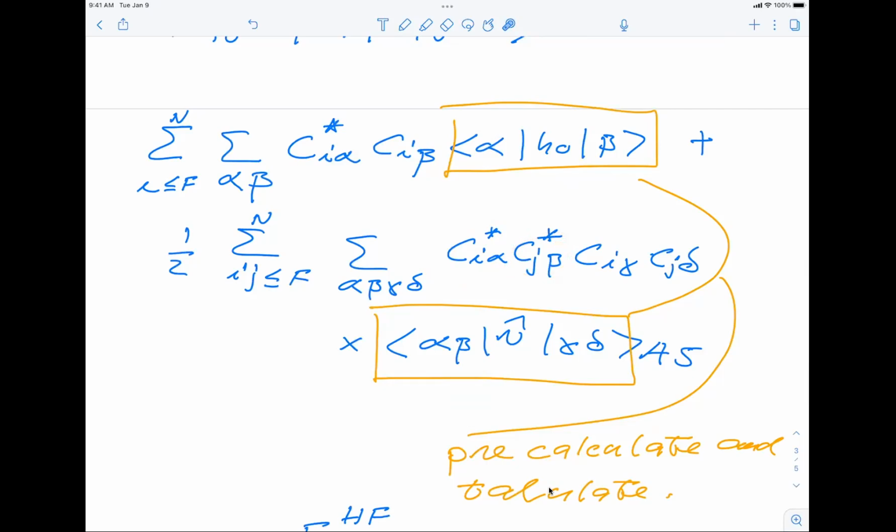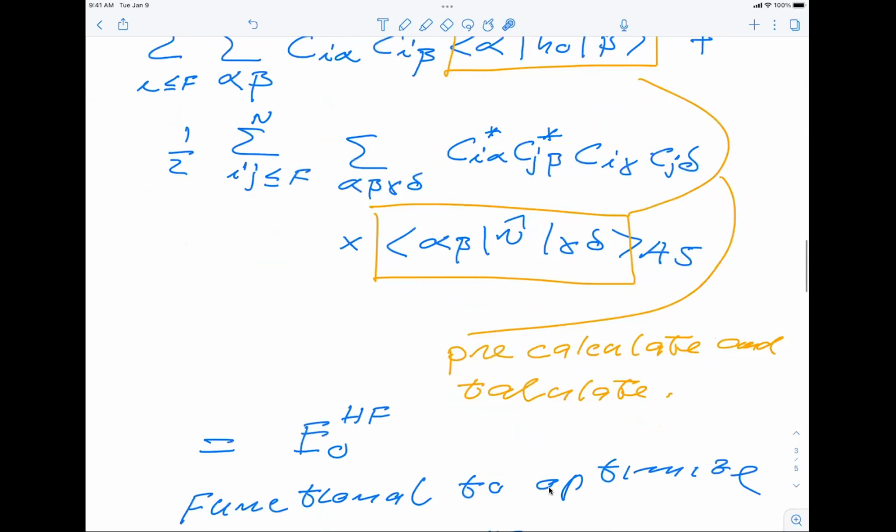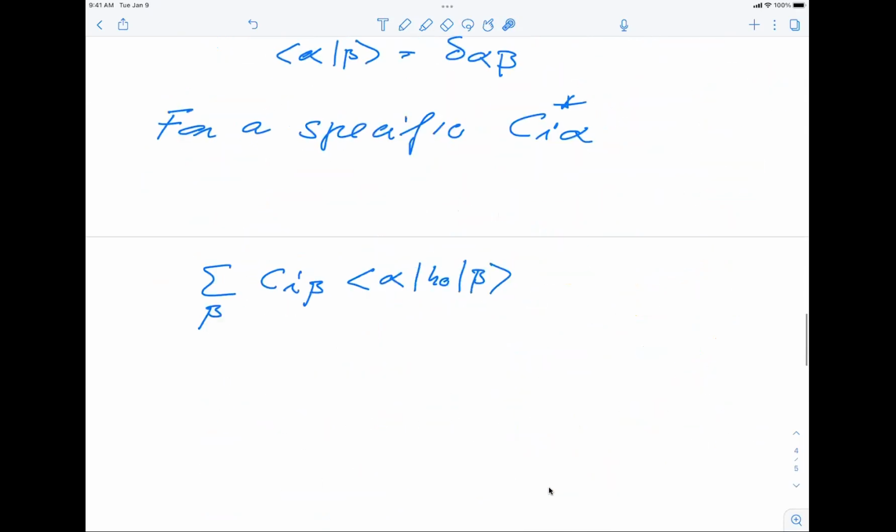That means the factor of a half disappears, when we also use the symmetries of the interactions and the fact that alpha, beta, gamma, and delta are just dummy indices. So when I look at the derivative of that term, I get a plus, and then I have a sum over j.